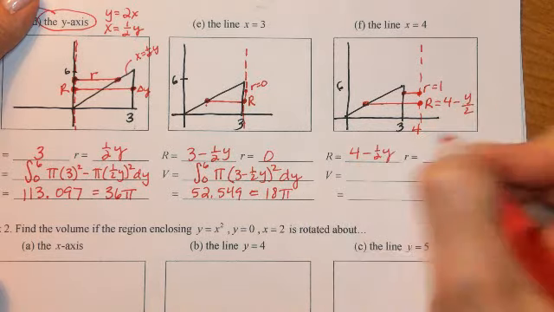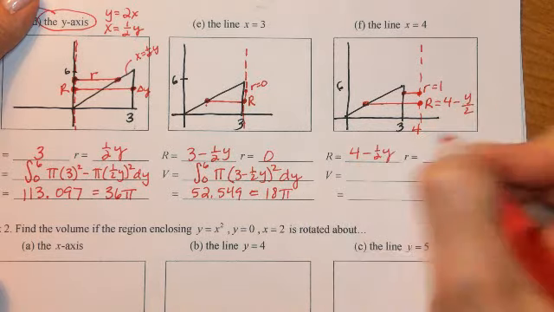Okay, what if we took the same region and revolved it around x equals 2? That would be right here, right? It's still vertical, so we still need a dy because our slices will be going towards the y-axis, right? So, from the axis of revolution to the far side of your region is big R. Little r here is 0 because our region lies right on our axis of revolution.